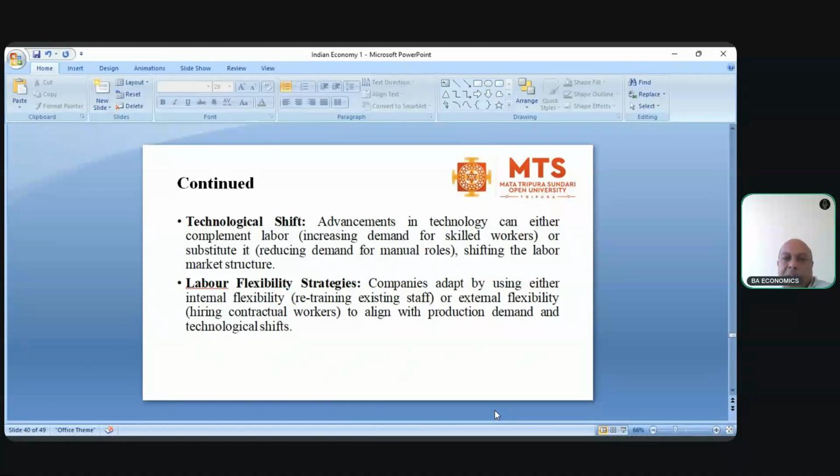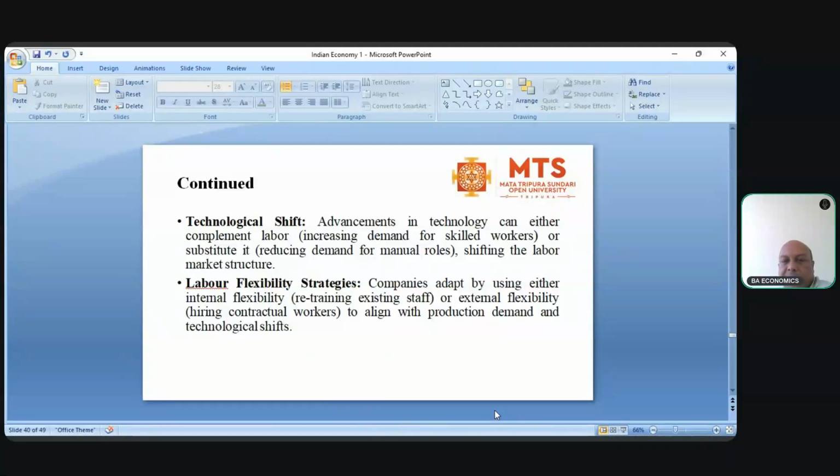In this case, demand for workers may be reduced, or the new technology may totally replace workers. So demand for workers will be less, or there will be no demand for workers because of the introduction of new technology in production. So when technology changes, demand for labor also changes.